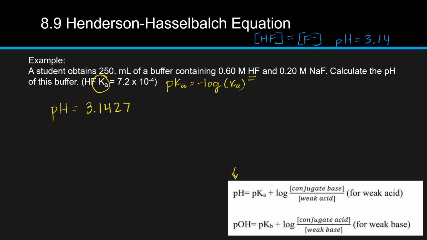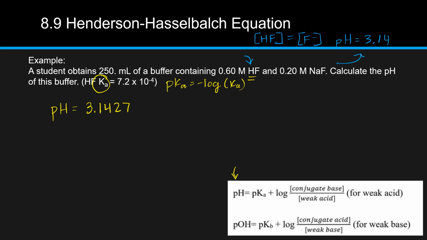Now, in this problem, we can see we clearly have more HF, or more of our acid. So when we're solving using the Henderson-Hasselbalch equation, we should know that our pH is going to be lower than the pH at the half equivalence point. So we're looking for a pH below 3.14 when we're checking our math at the end.